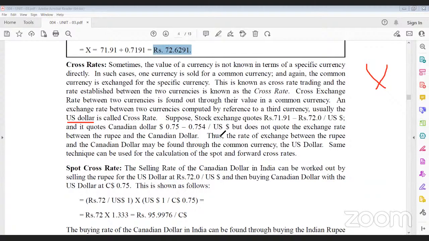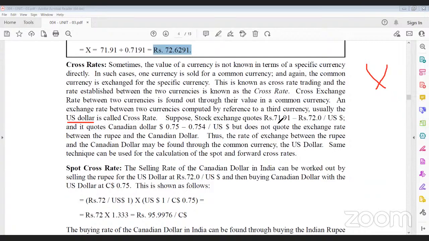To calculate this cross rate, we need a base currency, and for an exchange rate between two currencies we do not know, a reference third currency is used, and most of the time we end up using US dollars.